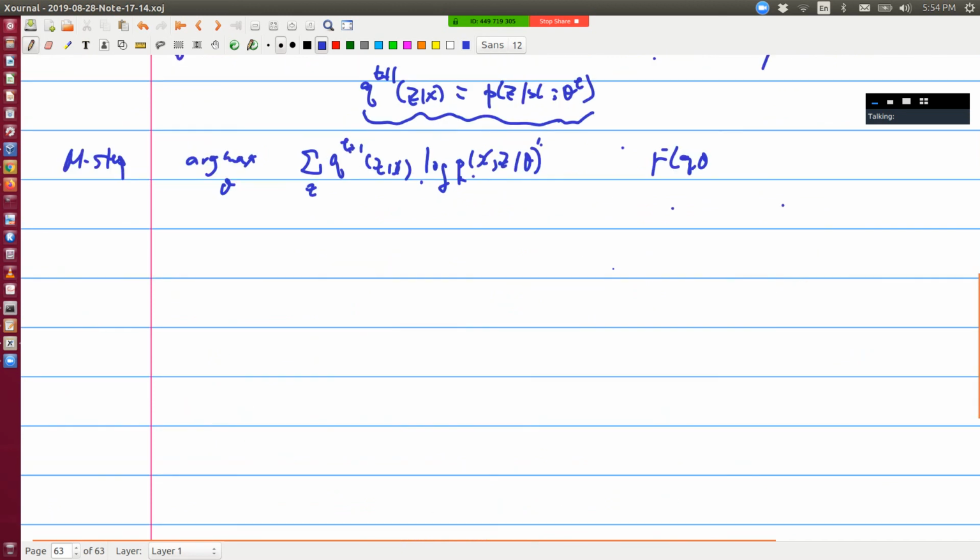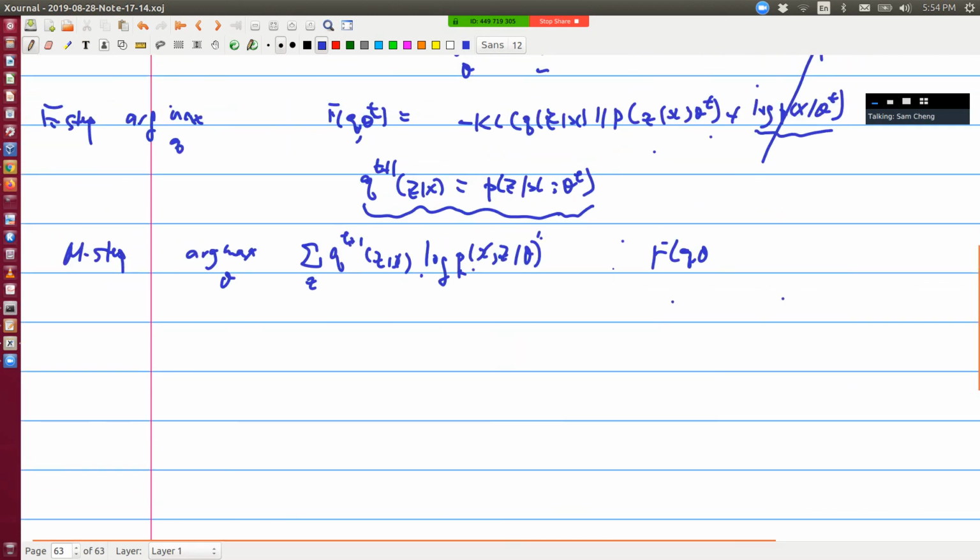But what I'm saying is, for the Gaussian mixture model, we can go further. For example, I know what the p(x,z|theta) is, right? This is equal to a sum over this.